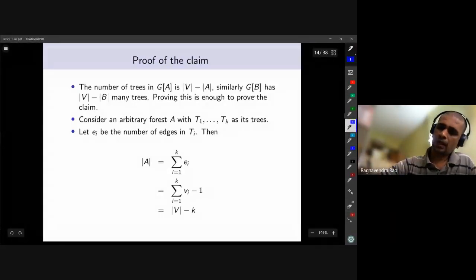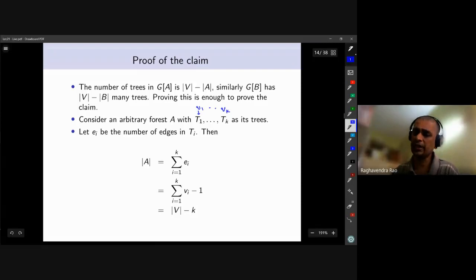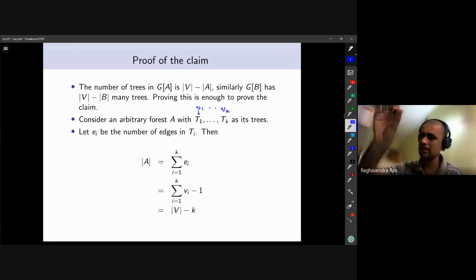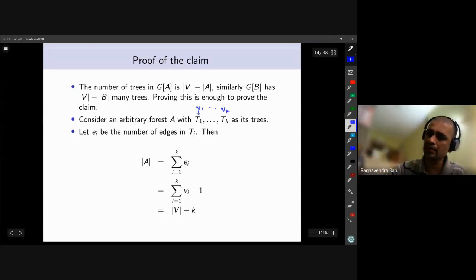Let's say the number of vertices in Ti is Vi. Each Ti is a tree, so the number of edges there is the number of vertices in that tree minus 1. So Ei is Vi minus 1.